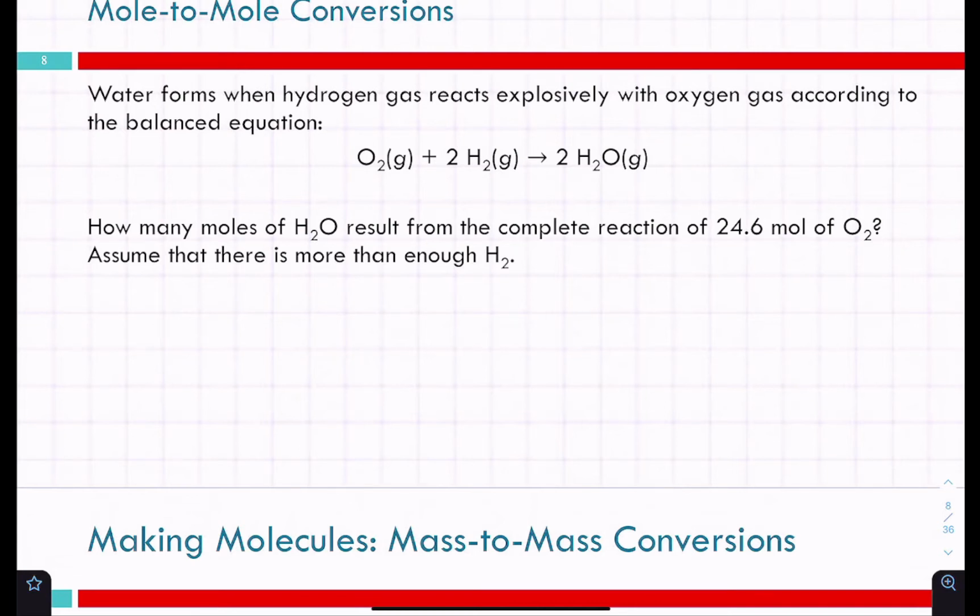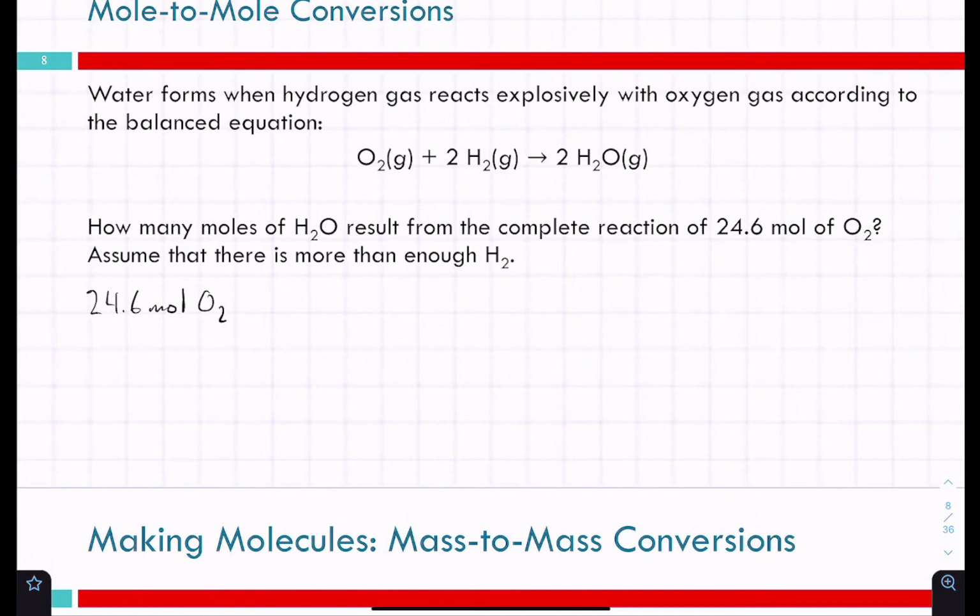Okay, so what are we given? We're given moles of oxygen, so 24.6 moles of O2.